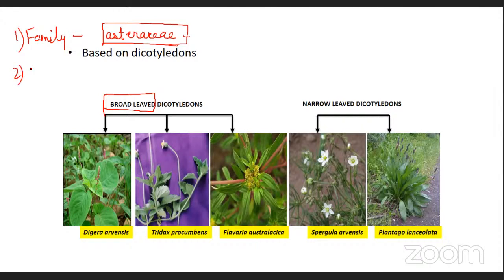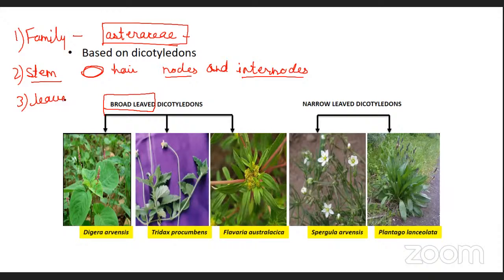And if we talk about the stem in the broadleaf weeds, they are usually circular in section, and they usually have hair-like structures at the nodes and internodes. Okay, this is very important, and the nodes and internodes are also very distinct, clearly differentiated. And if we talk about the leaves, the leaves are usually broad, not narrow.